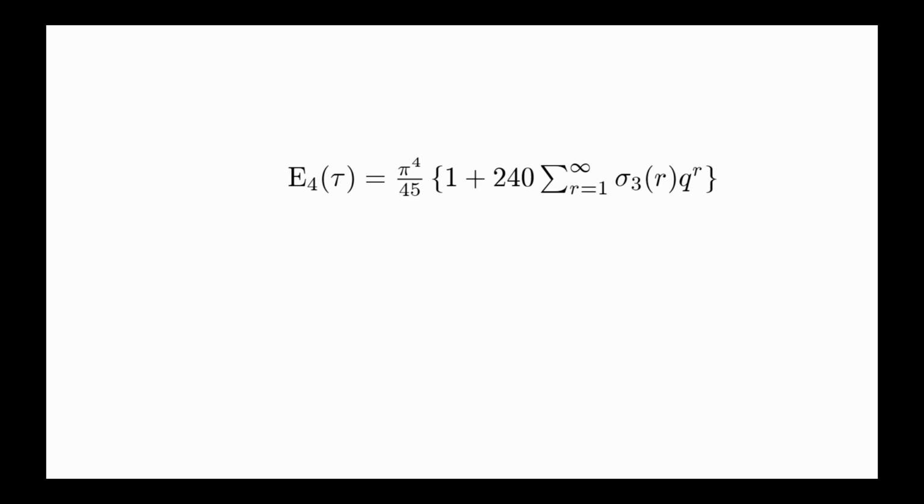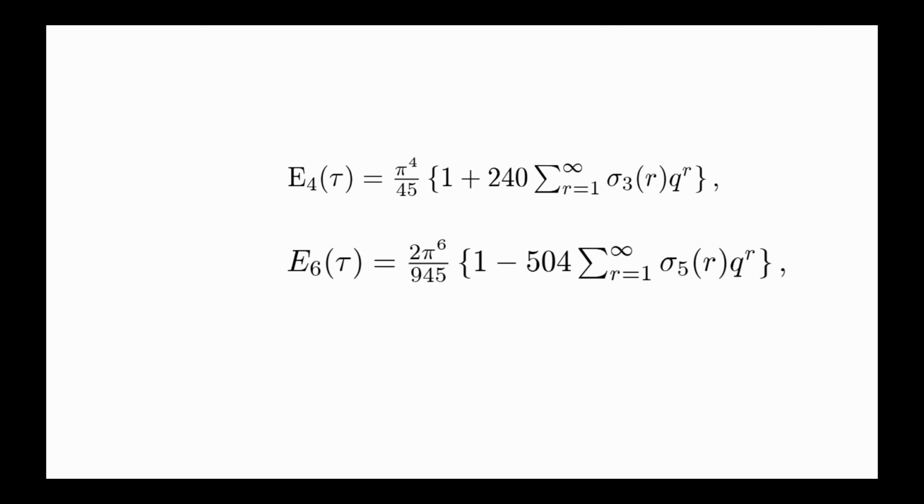So it turns out that if tau is in the upper half plane, then the Eisenstein series have particularly nice expressions as series, with coefficients being the sum of divisors function.